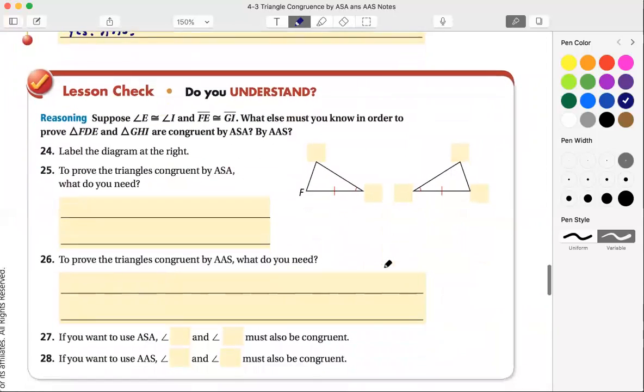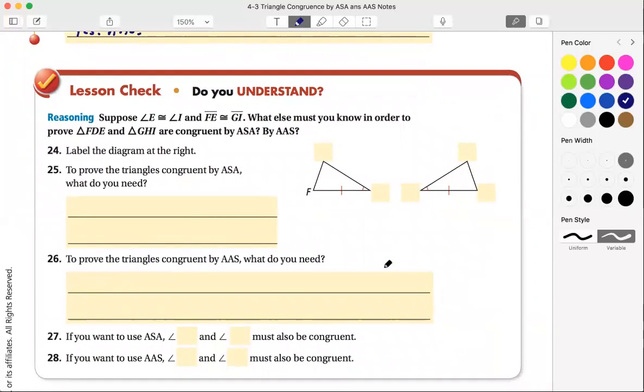Okay. So suppose angle E is congruent to angle I and line segment FE is congruent to line segment GI. What else must you know in order to obtain triangle FDE is congruent to triangle GHI? All right, so let's mark up the triangle.